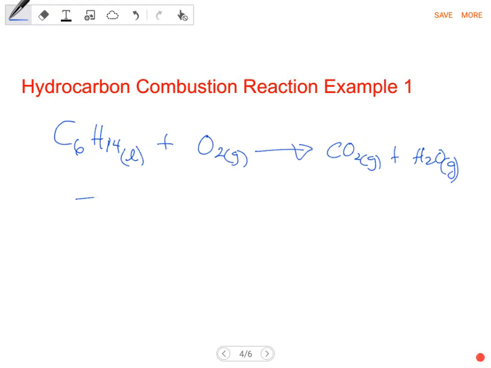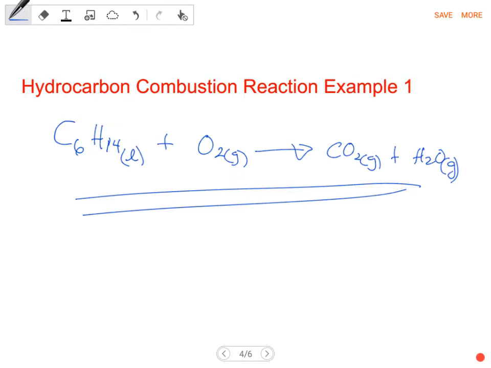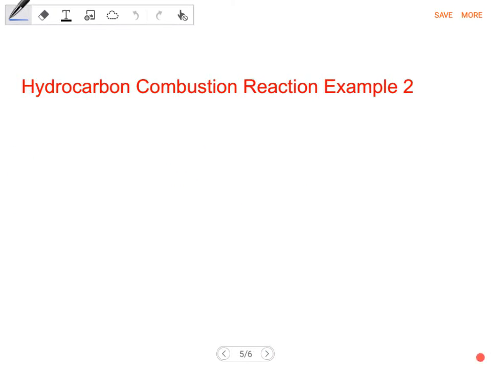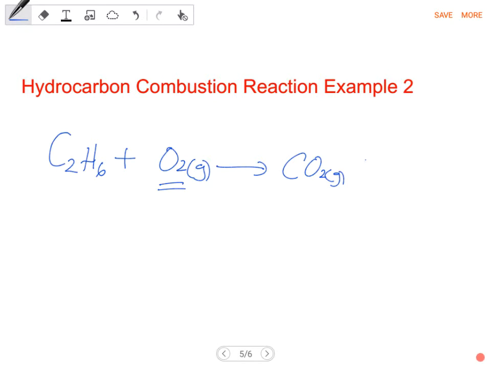It literally is that easy. I can do one more just for the heck of it. C2H6, let's pretend that's our hydrocarbon. Well, you're going to get oxygen again. You've got to burn it. You must have that there to burn. It's going to give you CO2 gas and water.